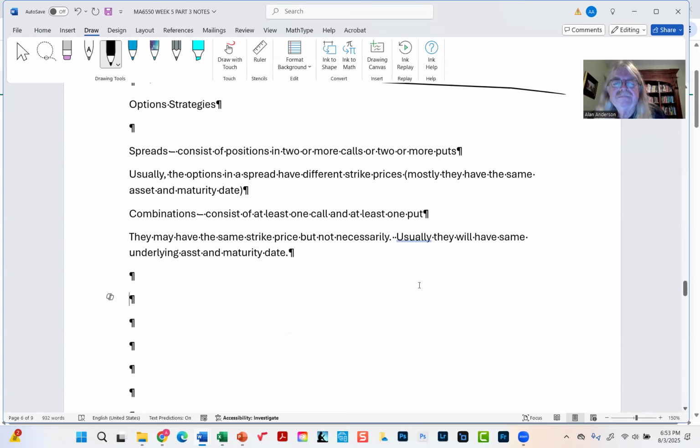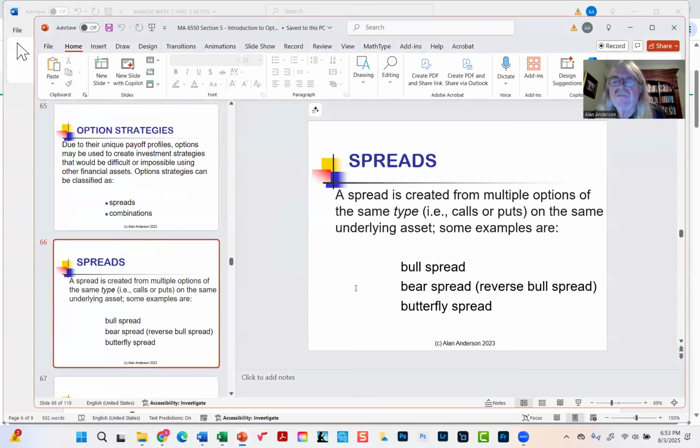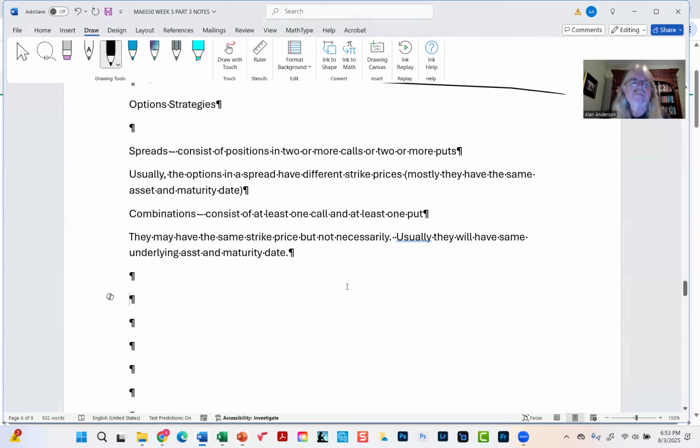So, we'll start with our spreads. Now, these are the three you want to consider. And whenever we look at a strategy like this, we want to ask ourselves, why are we doing this? What do we hope to accomplish? So, the bull spread. By the way, if you don't know, bullish on Wall Street means optimistic about a stock or other asset.